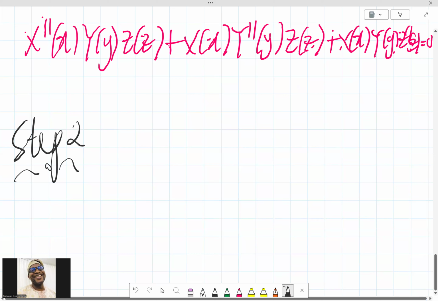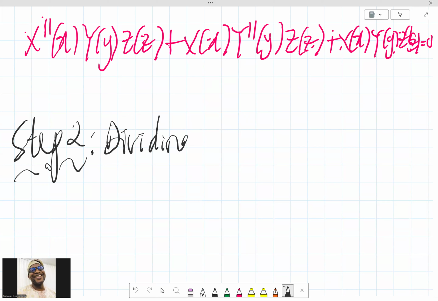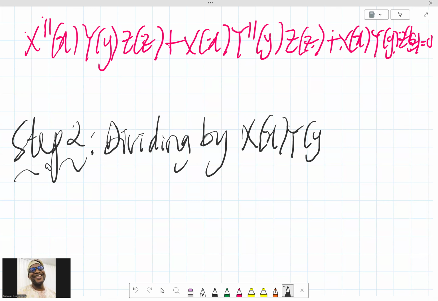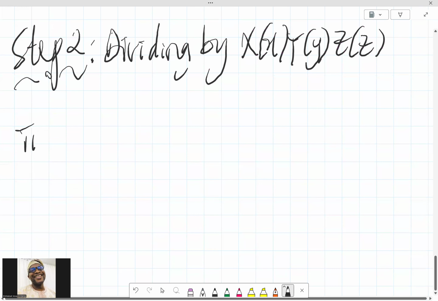In step 2, we divide by X of x, Y of y, and Z of z. In that case, we can separate variables.